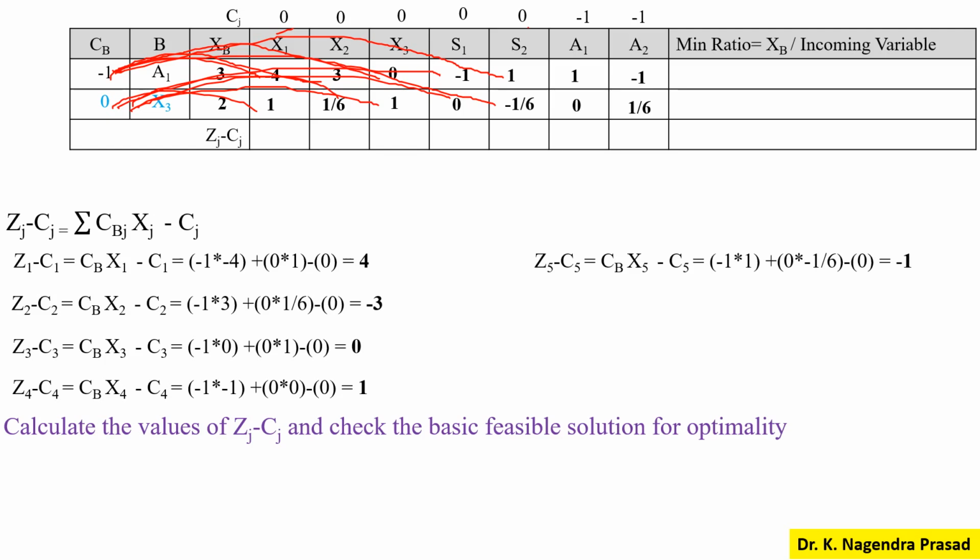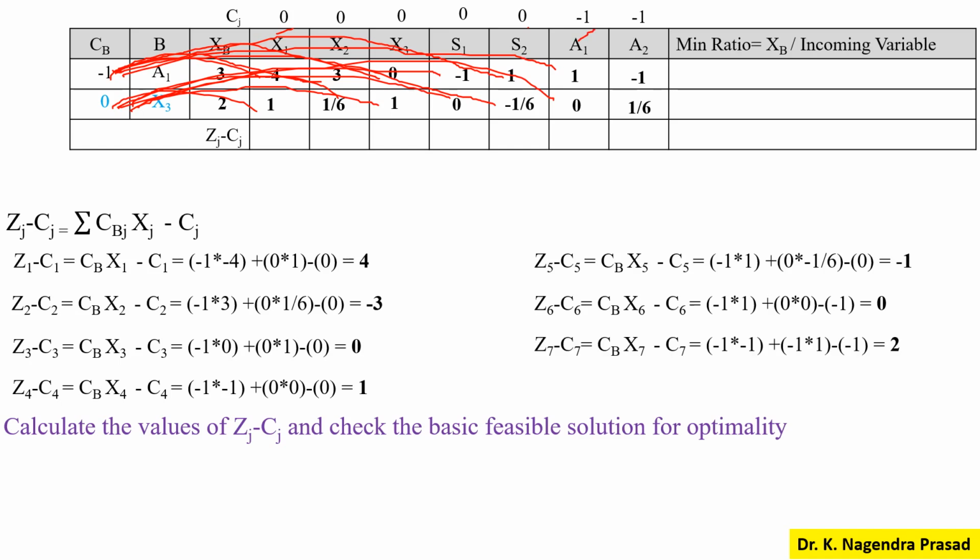This value is the minus 1. Next Z6 minus C6 for the A2 variable, it is the minus 1 into 1 plus 0 into 0 minus of minus 1. It is the 0. Next Z7 minus C7 for the A2 variable, it is the minus 1 into minus 1 plus 0 into 1 by 6 minus of minus 1.